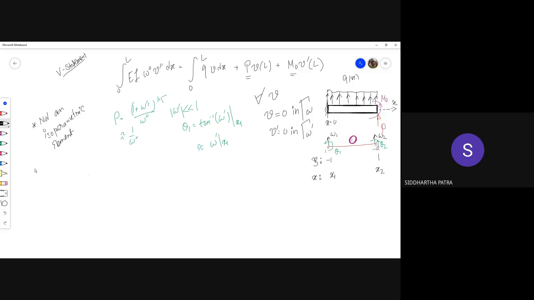Okay, the coordinate is simply this. So x is simply (1 minus xi)/2 times x1, very familiar from the bar formulation, plus (1 plus xi)/2 times x2, which also leads to J defined as dx/dxi. This is the definition. dx/dxi is basically the element length divided by 2. So these are the shape functions used for mapping the physical coordinate.